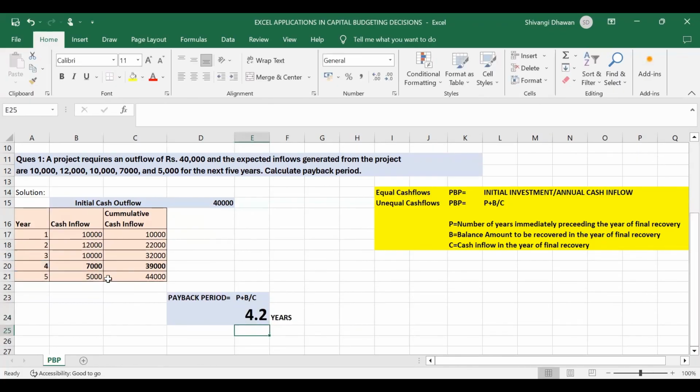When you enter, you'll get the length of time in which your investment will recover its initial outlay in terms of profits or savings. It will be 4.2 years.